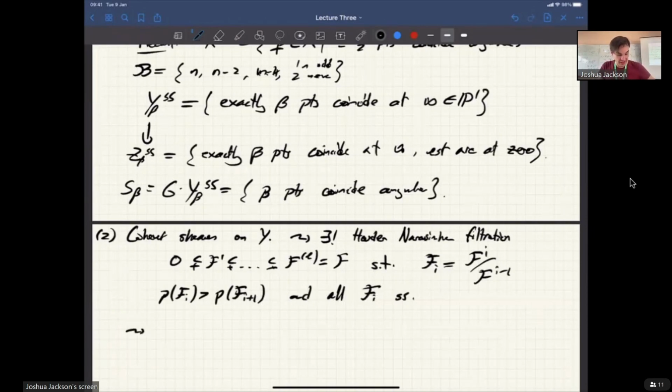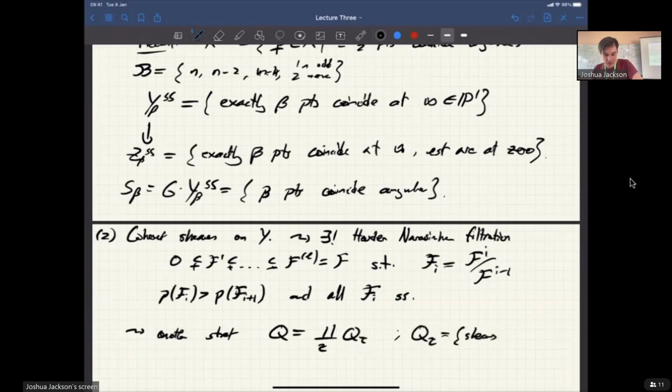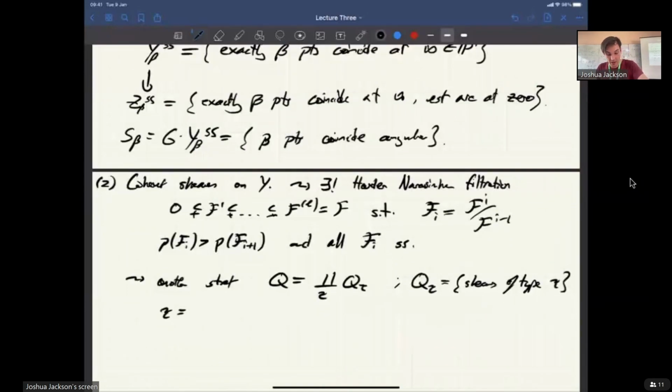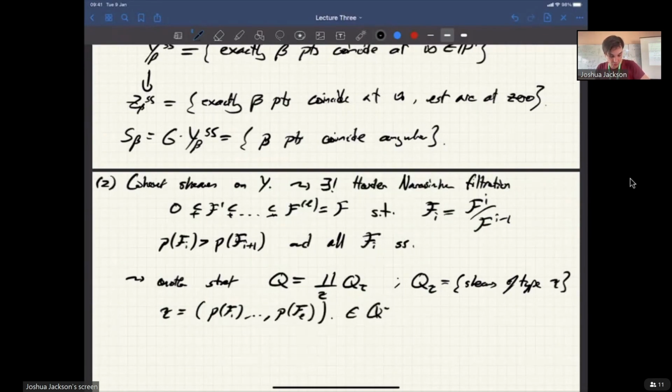Okay, so given that this is the case, you get another stratification of this locus I called Q into the Q tau, where Q tau is sheaves of type tau, and tau is just the vector of these polynomials. So tau is like P_F1 up to P_FL. Okay, so this is going to live in like Q T to the L.